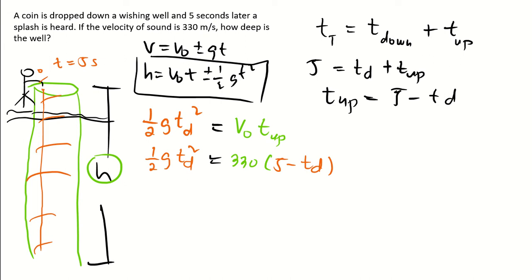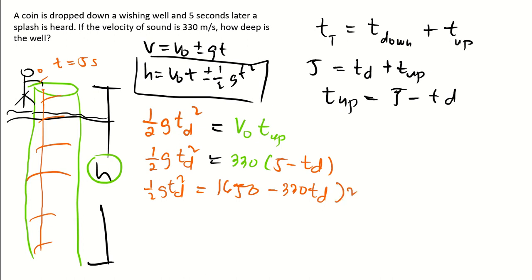Magiging 1/2 G T D squared is equivalent to 330 times 5. So, that's 1,650 minus 330 TD. Okay? So, simplify ko lang o iayusin ko lang.